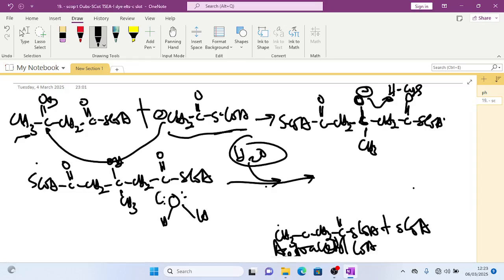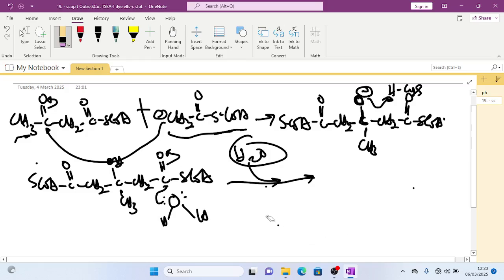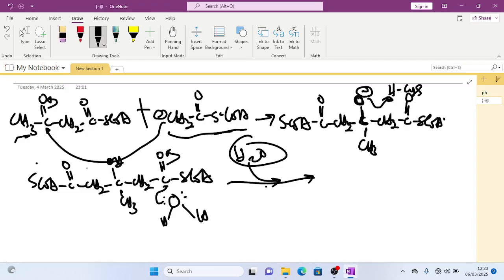Because it's nucleophilic, it acts on this positively charged carbon here, causing this bond to form a negative charge on the oxygen here. And in the long run, we get this product, something that looks like this.